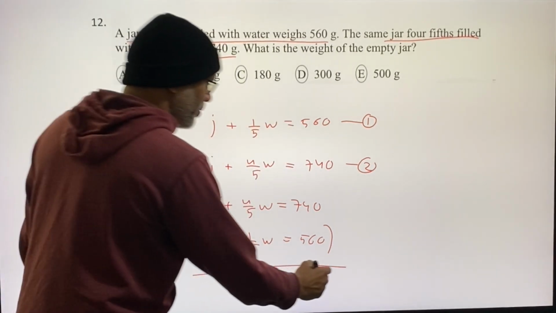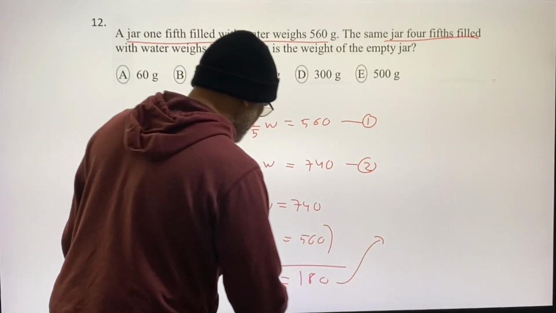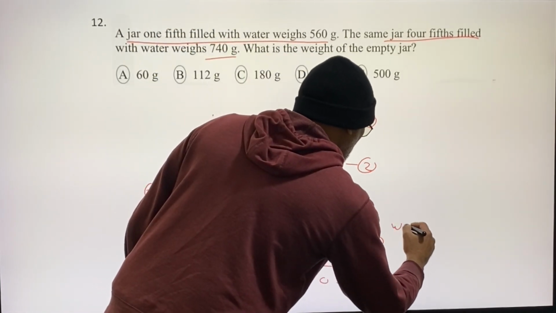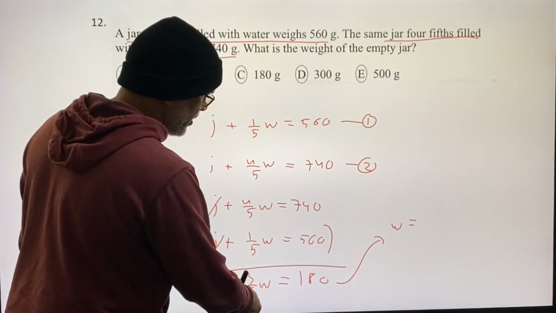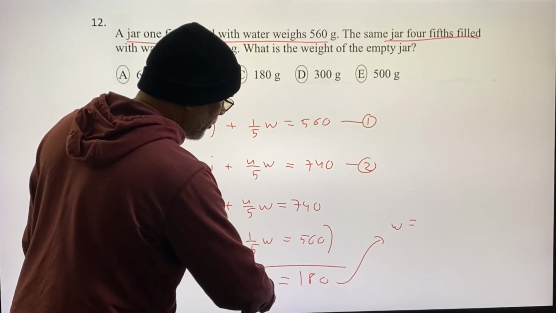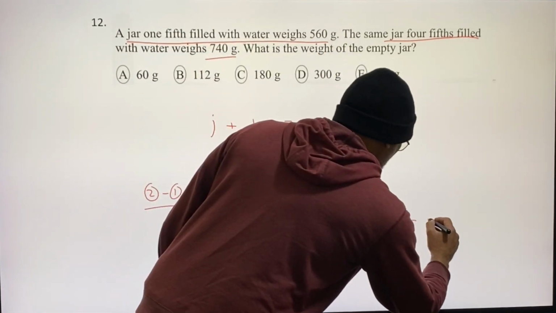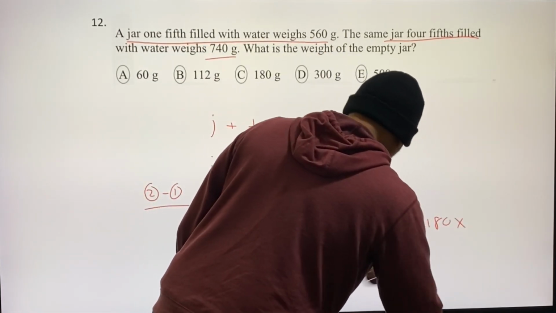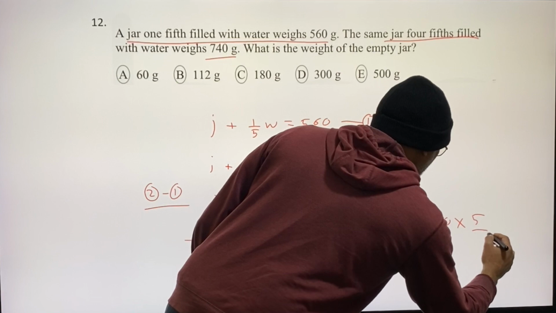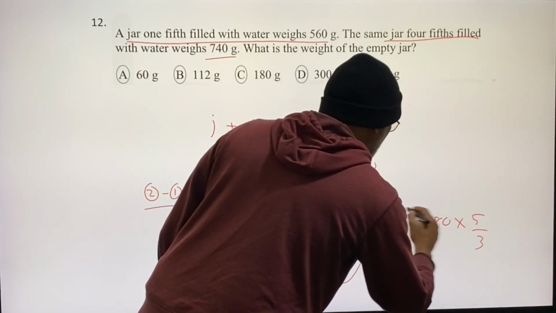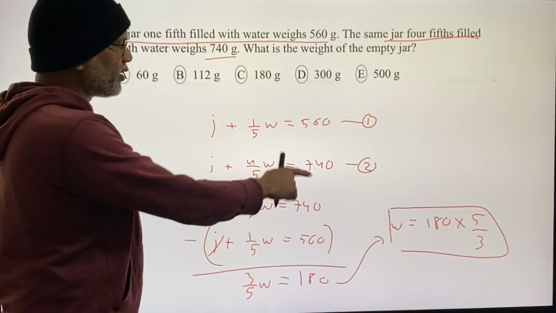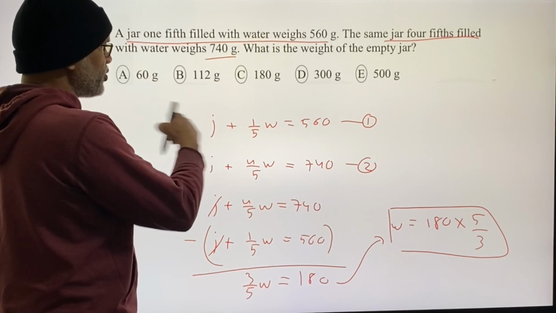Okay. So from here, water is going to be, I multiply both sides by 5 and divide both sides by 3. That is 180 times 5 by 3. So that is the weight of water. I need to find the weight of jar, right? So I can use equation 1.